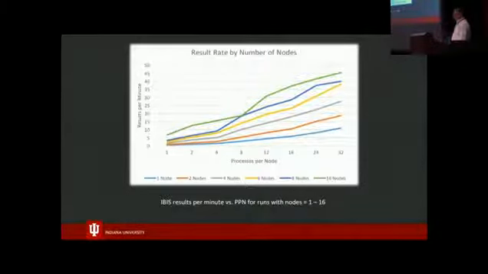I can show you at least this plot here that gives some idea of what the scaling looks like. These results along the vertical axis are quantized to effectively 1/16 of the original problem size that we were running on various numbers of processors per node.